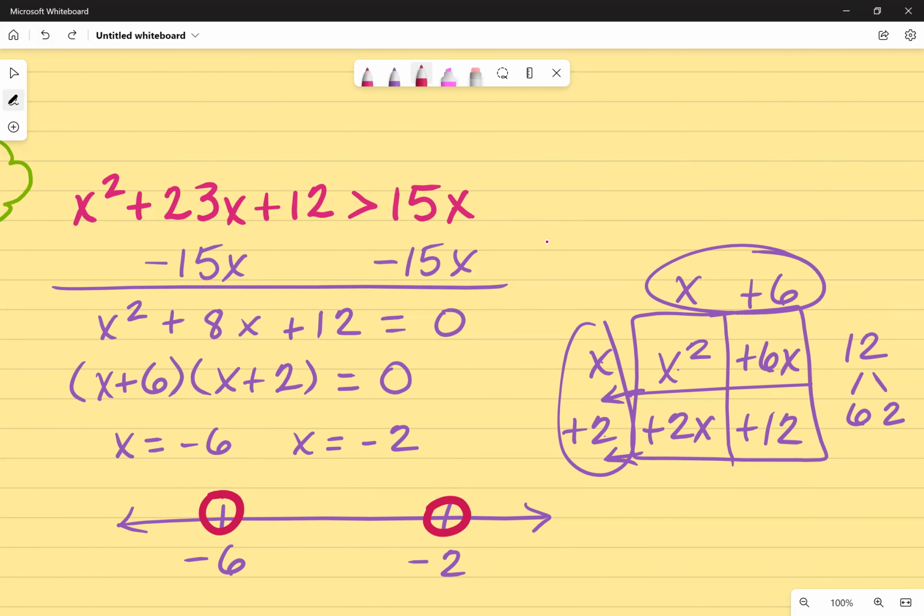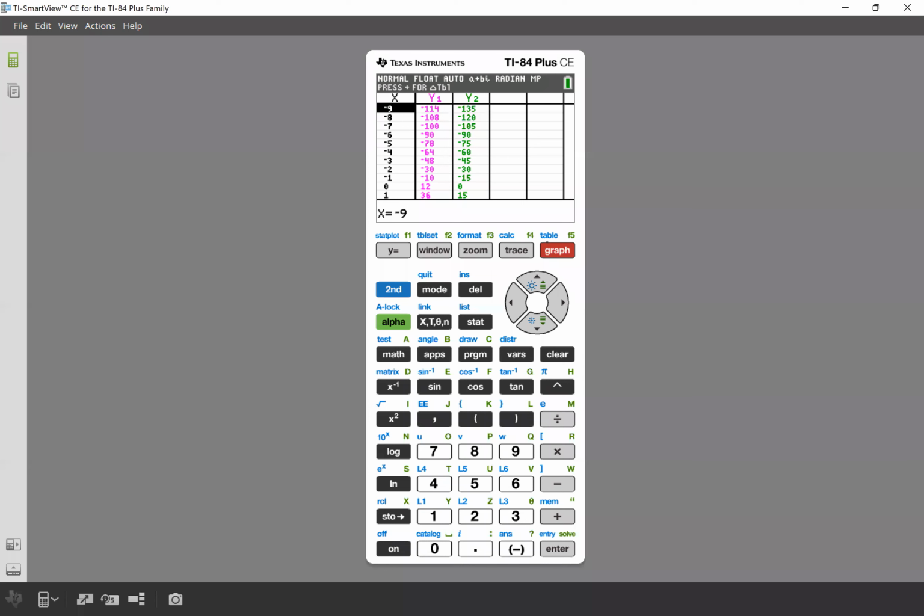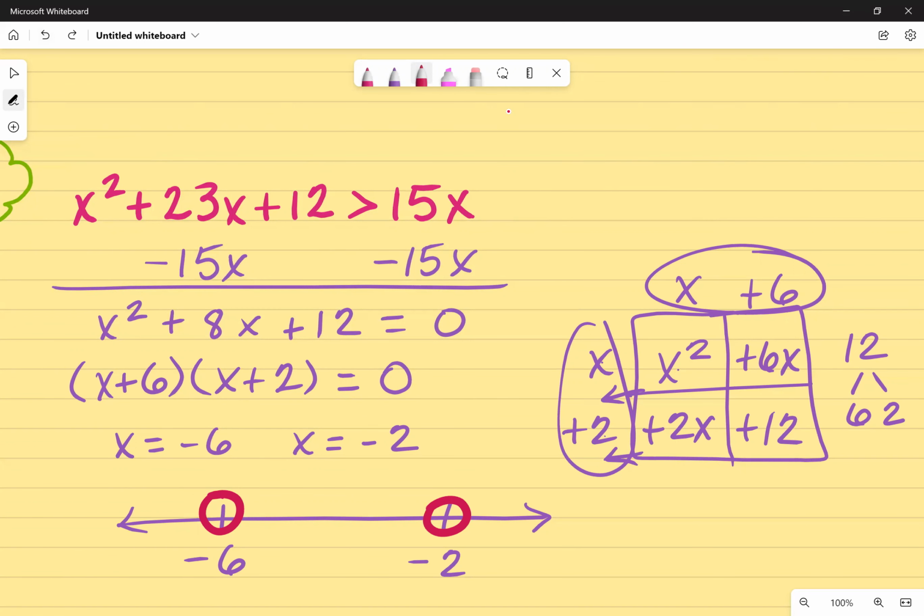So any number before -6, let's go with -7 or where we're at, that's fine. And we're asking ourselves, is that number for y sub 1 greater than what's in y sub 2? Is -108 greater than -120? Yes, it is. This is the tricky part. So yes, it is. So I know this side is going to be shaded.